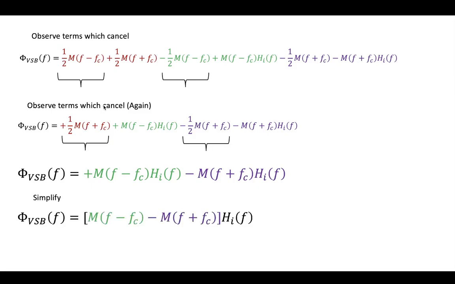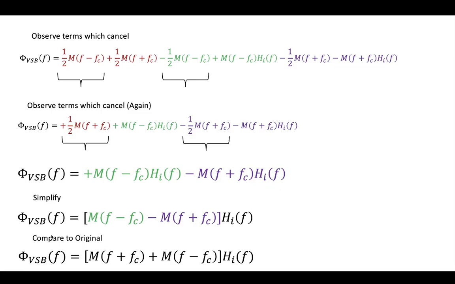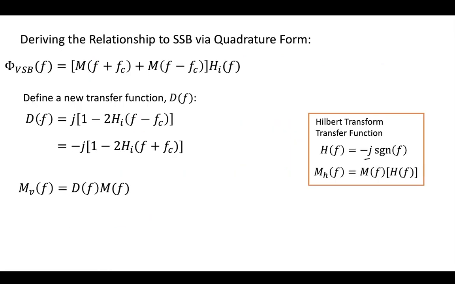And if we simplify this just a bit more by pulling that HI out, we can see we're left with this. And as you recall, if you compare this to the original, it is identical. So this means that at first you just had to rely on me telling you that it was true, but we can define some transfer function that looks like this.